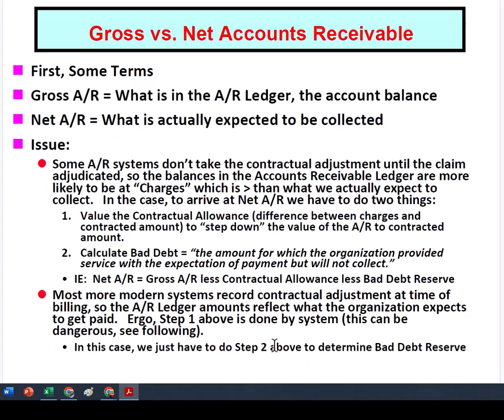Let's say the contract says you get $500 for a polyp removal. If you remove a second polyp, you don't get the same 500 bucks. There's a 50% reduction, which is standard. So you only get 250 to remove the second polyp.